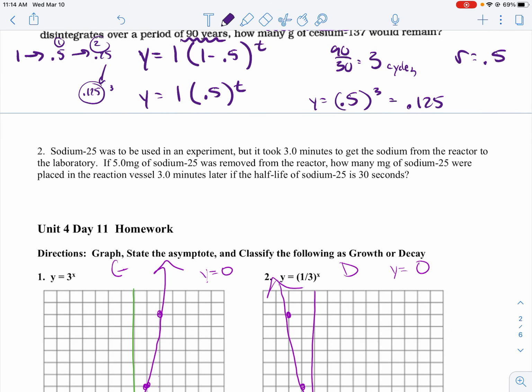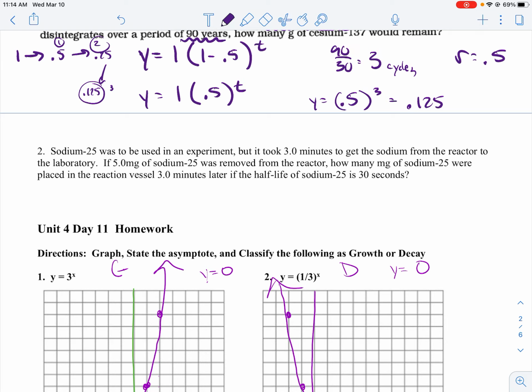This guy is transporting sodium across the hall, I guess, or across the building, right? Sodium-25 was to be used in an experiment, but it took 3 minutes to get the sodium from the reactor to the laboratory. So what's happening here is this experimenter is walking sodium-25 from one place in the building to the other.